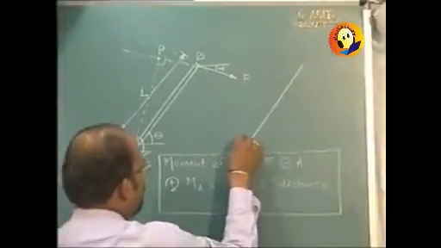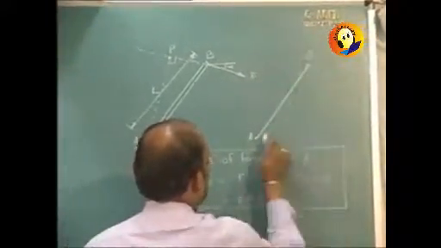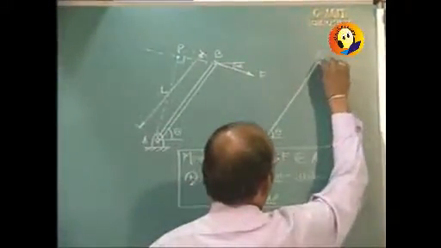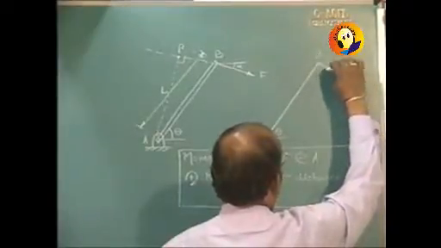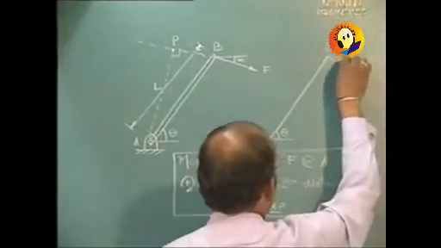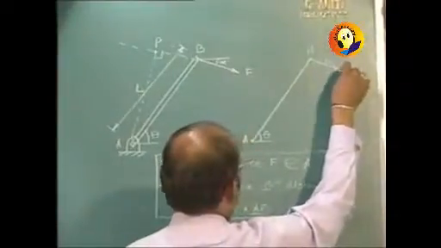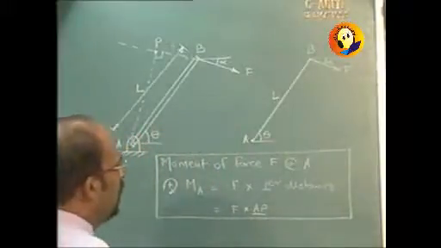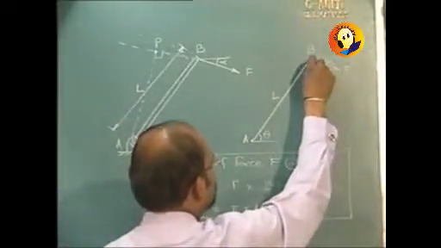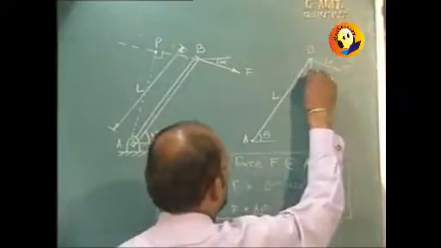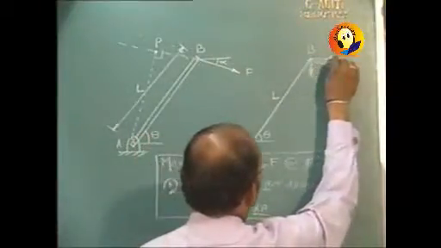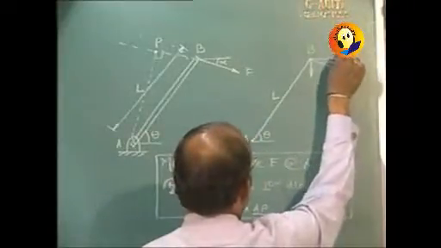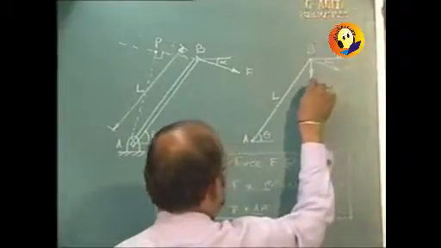Now this is link AB, which makes an angle of theta with horizontal, and this was force F, which makes angle alpha with horizontal, and this distance is L. Now we can find out the components of this force in the vertical direction as well as in the horizontal direction, and they will come out to be F cos alpha and F sin alpha.